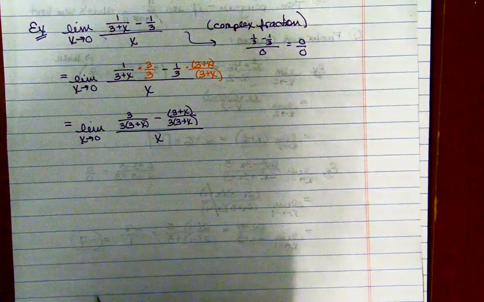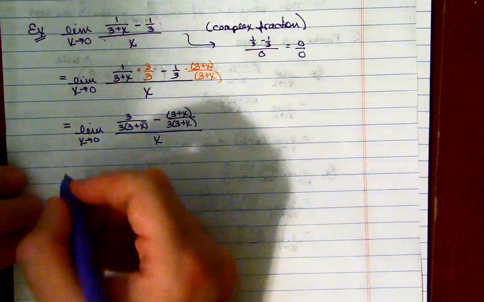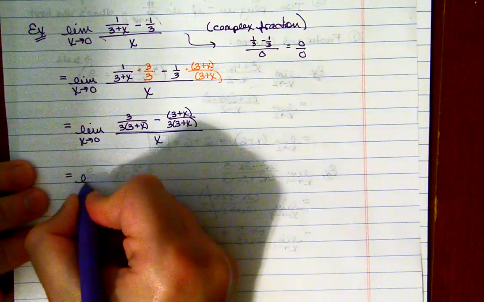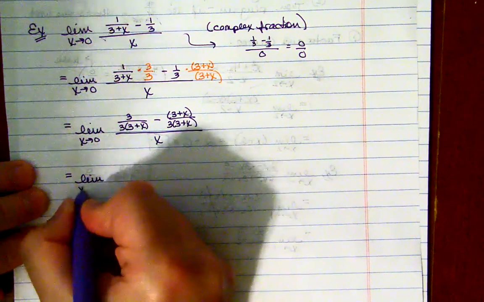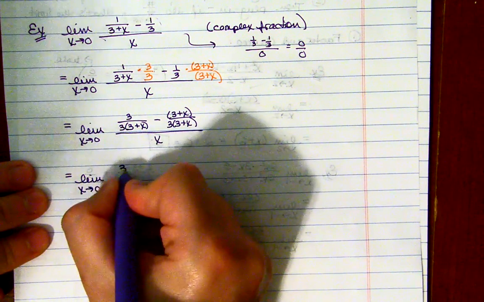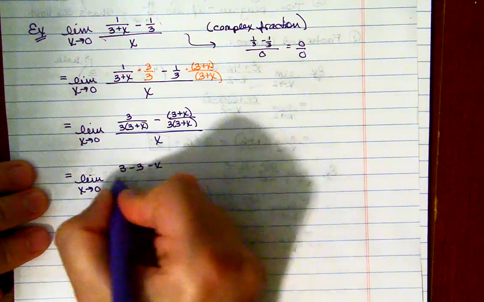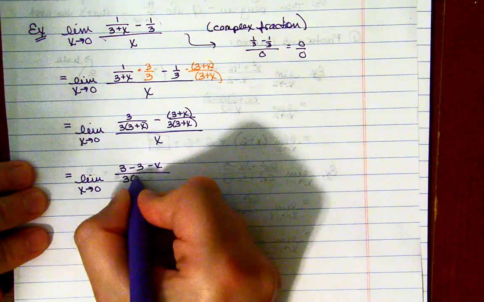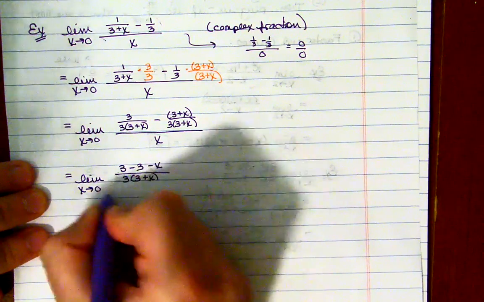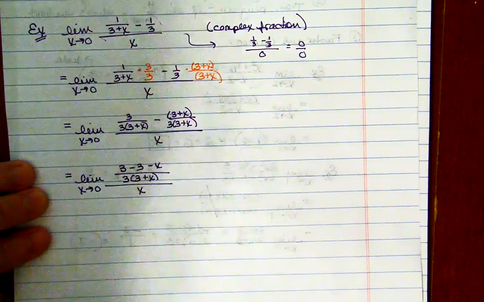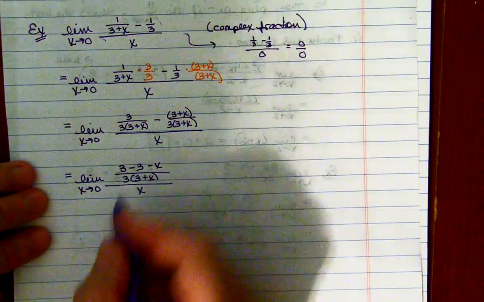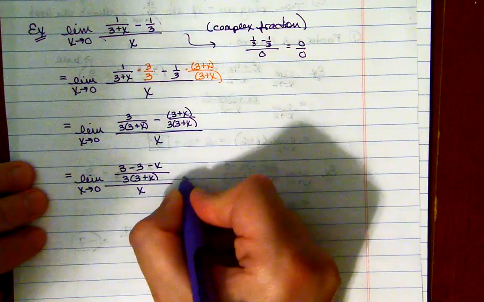The whole point of that was to get a common denominator so I could go and subtract the numerators. So this will give me the limit as x approaches 0 of 3 minus 3. Make sure you distribute the negative, so minus x over 3 times 3 plus x, all over x. Oh, and the top, 3 minus 3, that's just negative x.